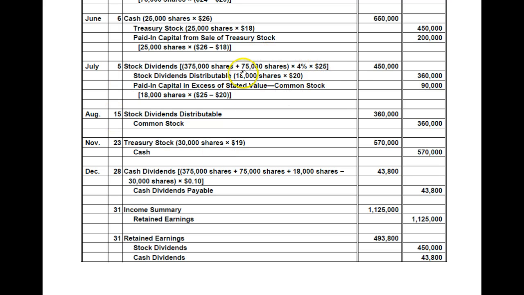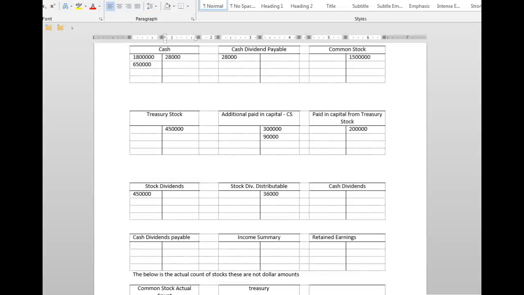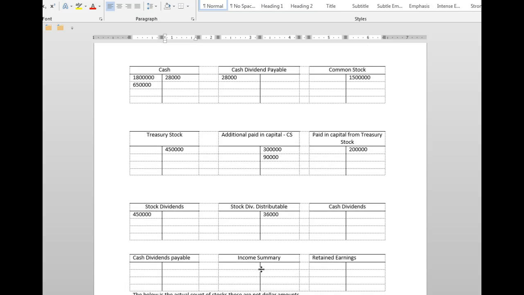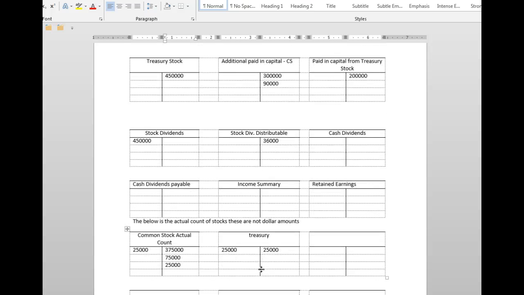That can be a little bit complicated until you really look at it step by step, like we did in the first explanation of the stock dividends. Let's see what that looks like over here. Now, what are we doing with this? We declared a stock dividend, so we're looking for a stock dividend.